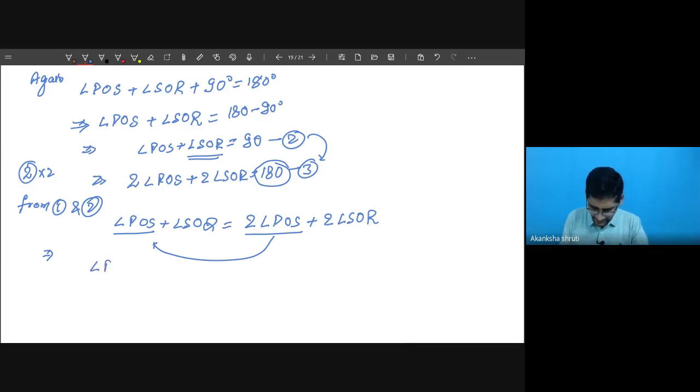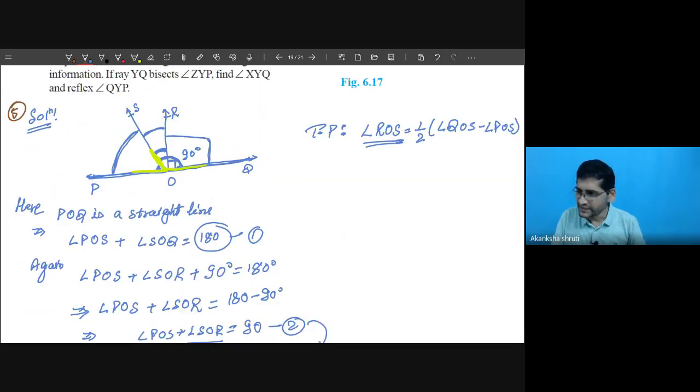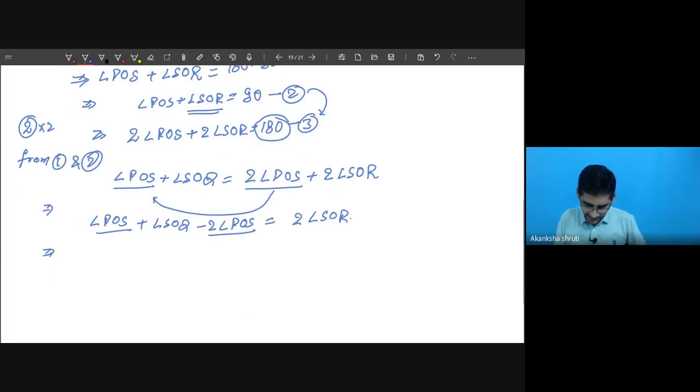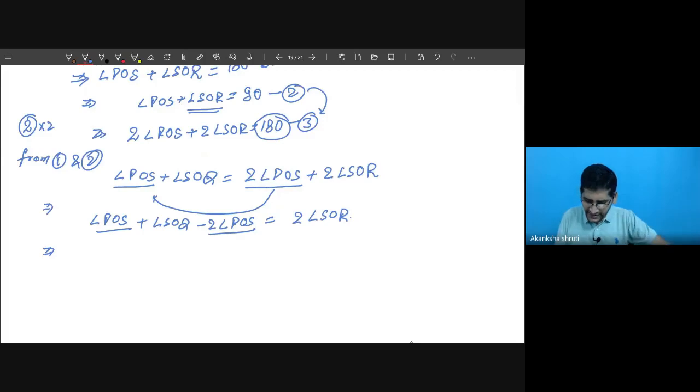So write angle POS, bringing this, plus angle SOQ minus twice of angle POS is equals to twice of angle SOR. Whether you write angle SOR or ROS, it means the same thing. Now observe, these two are like terms, means POS minus twice of POS, one time will only be left, with a minus sign. The other will remain as it is, unlike term.